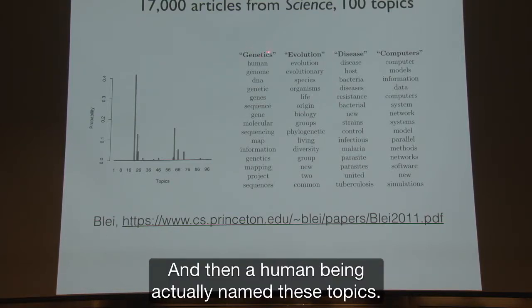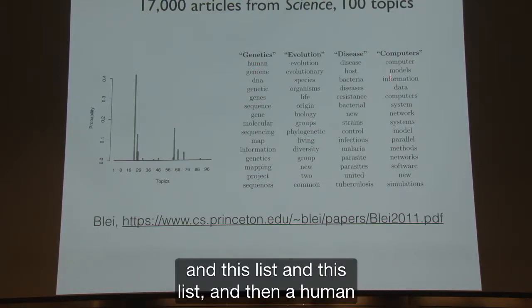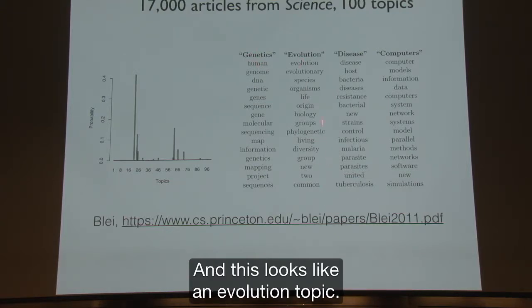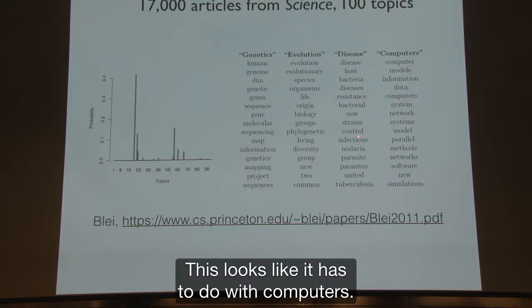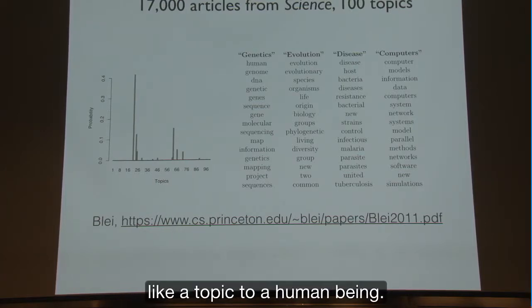And then a human being actually named these topics. So the method comes up with this list and this list and this list, and then a human said, well, this looks like a genetics topic, and this looks like an evolution topic. This looks like it has to do with computers, that kind of thing. So sometimes you'll get topics that don't really seem like a topic to a human being, that doesn't make much sense.